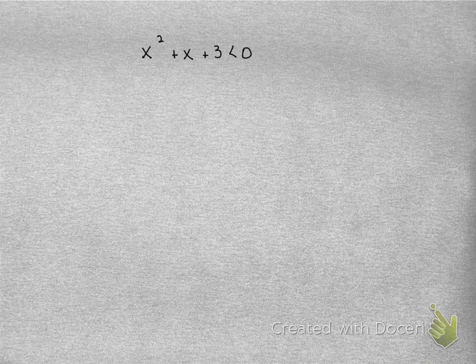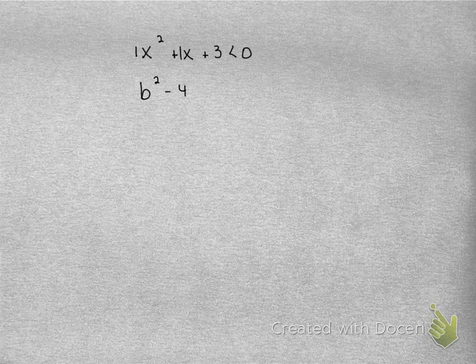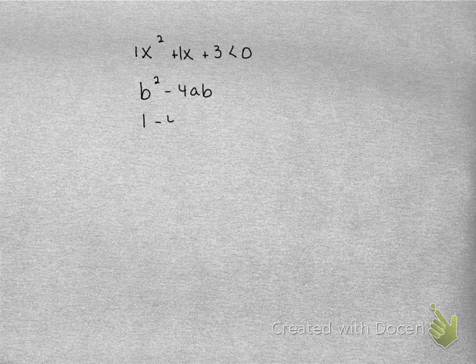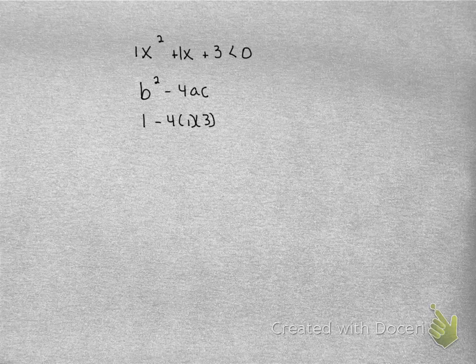So for our discriminant, a is 1, b is 1, and c is 3. So b squared minus 4ac. B squared is 1, minus 4 times 1 times c, which is 3.